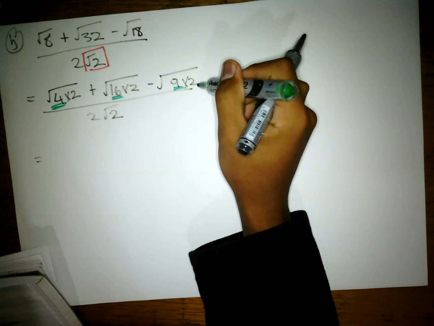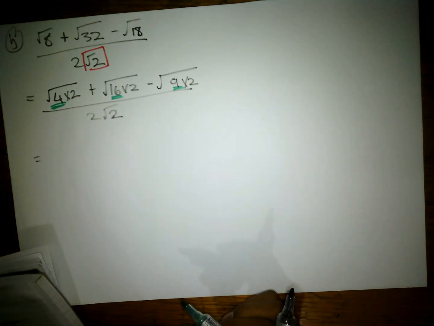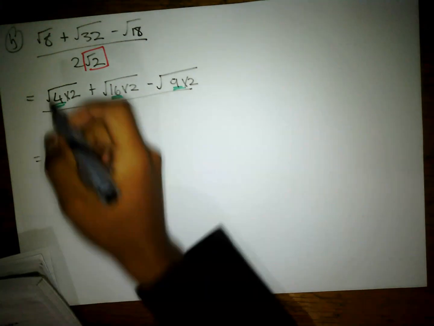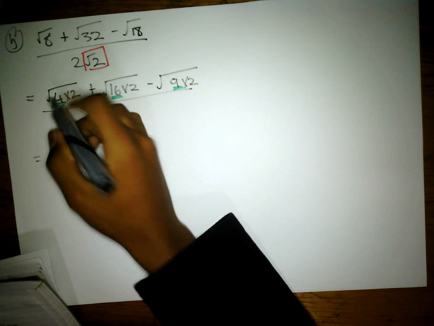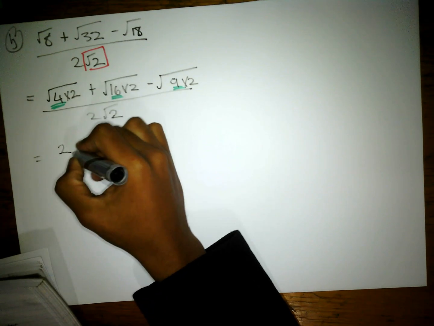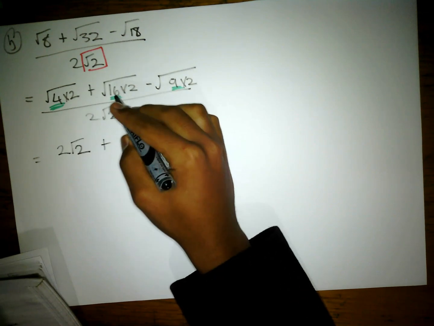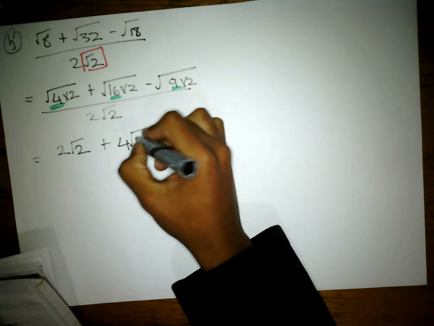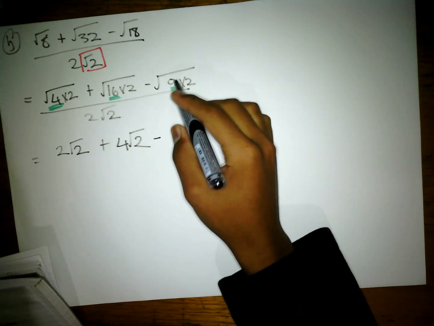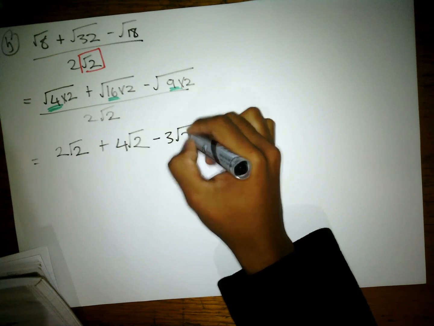We're going to leave the 2 behind, and then to get this 4 out, we're going to say square root 4 is 2, and we are left with a 2 there, plus square root 16 is a 4, and we are left with a 2 there because we're leaving the 2 behind. And then square root 9 is a 3, and we're left with a 2 over there.